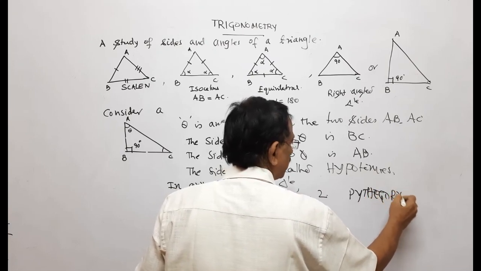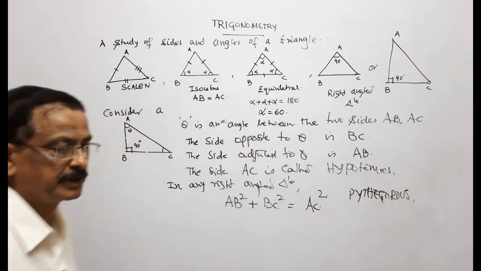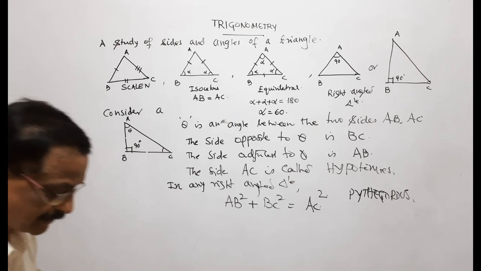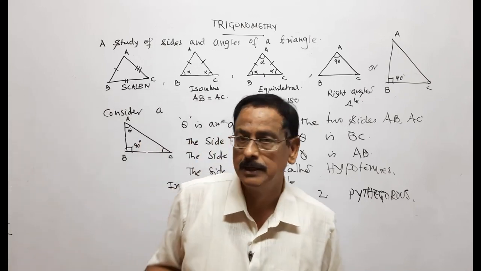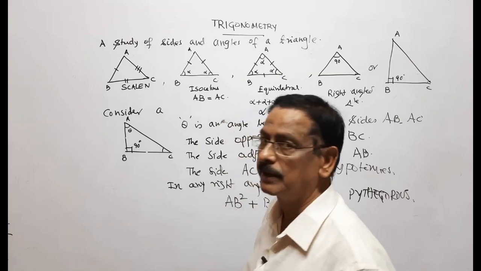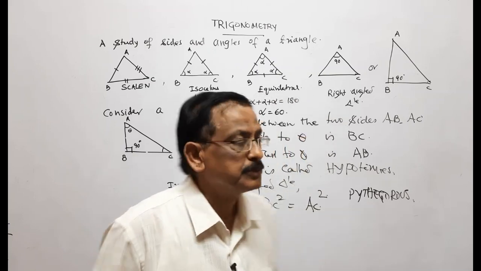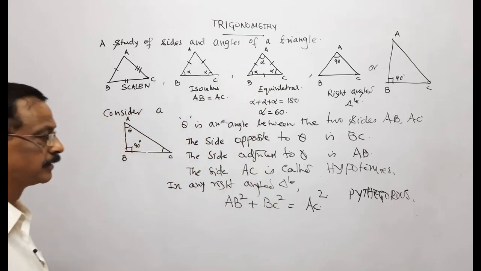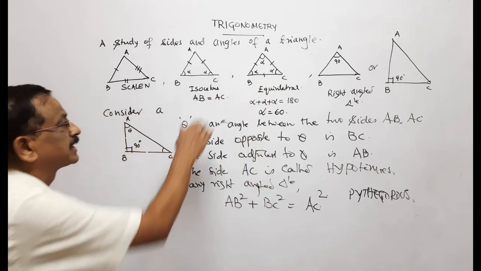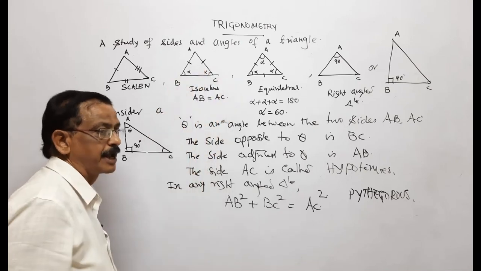This is called the Pythagoras theorem. The Pythagoras theorem says that in any right angled triangle, AB square plus BC square is AC square. This is our crucial step for further study of the properties of a triangle.